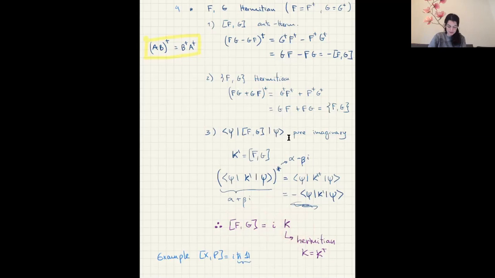So this is our K. We also know that, for example, if you take the Pauli X and Pauli Z matrices, then this gives you i Pauli Z matrix, which is an observable again. All right. Good. So these are the examples that we needed. And with this, we're kind of ready to start.